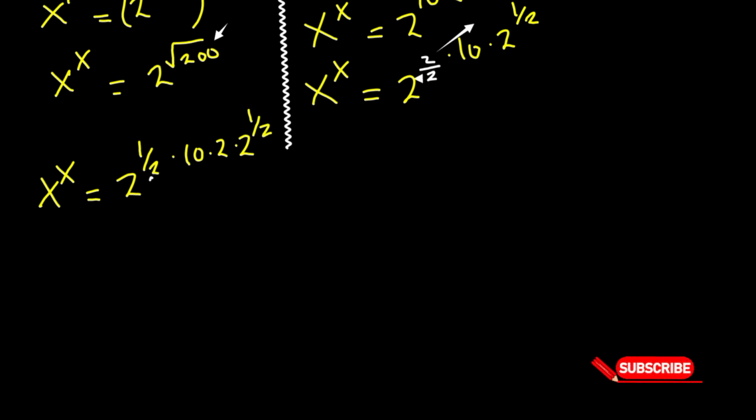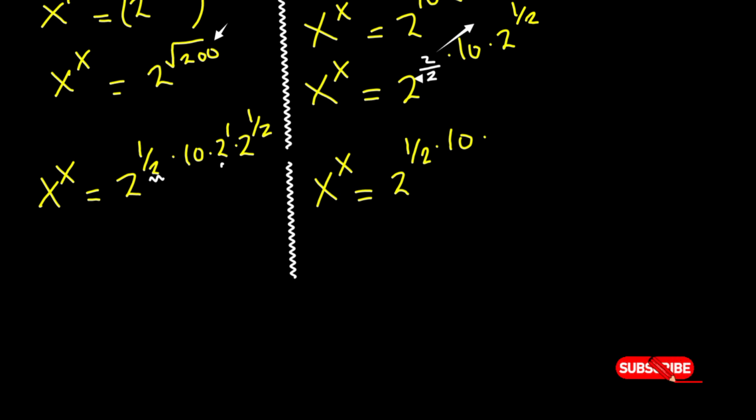Yes, we have successfully shared the fraction. Then moving furthermore, x to the power of x equals 2 to the power of 1 over 2, then times 10 times, don't forget here we can put 1 here, so when we multiply these two according to the law of indices, we'll get 2 to the power of 3 over 2, because 1 plus 1 over 2 gives us 3 over 2.